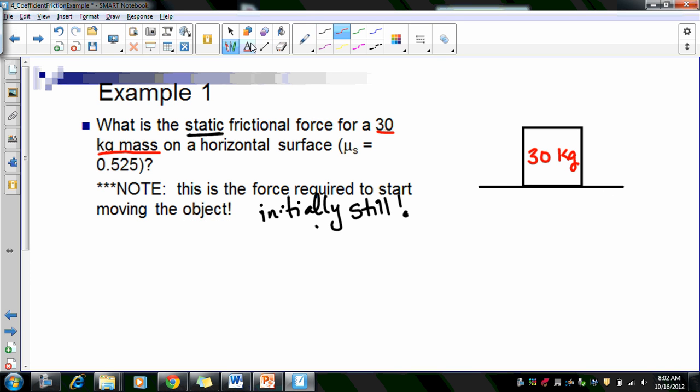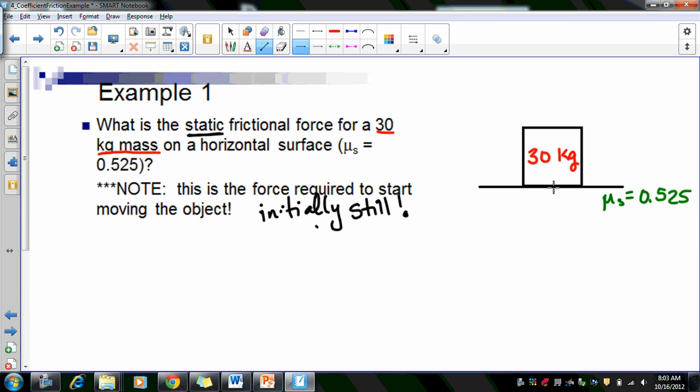And now to give you a little extra something to write down, of course we've got our coefficient. I write that right next to the surface because it is a characteristic of the surface. So mu s is 0.525, which goes with the surface.